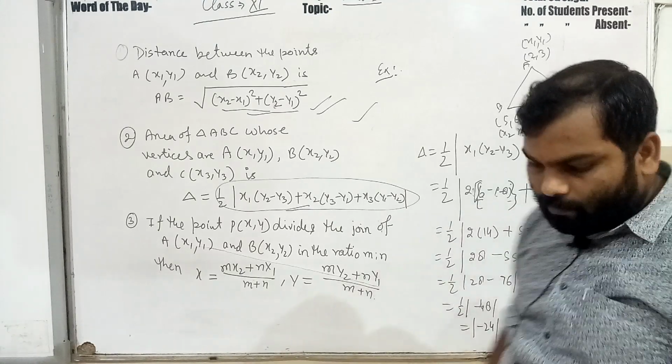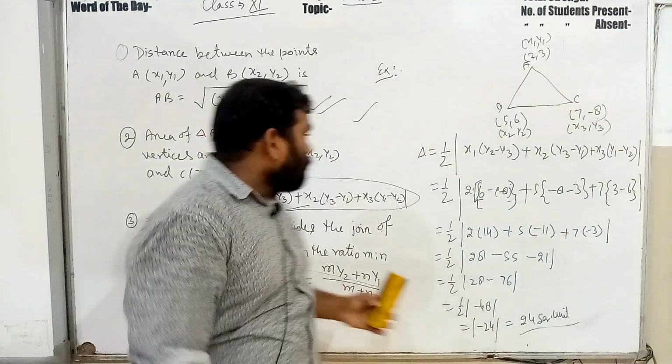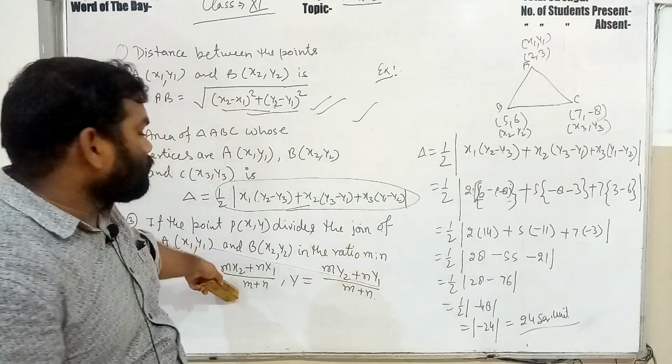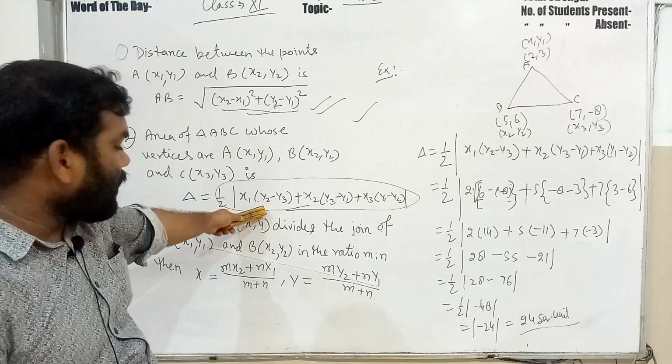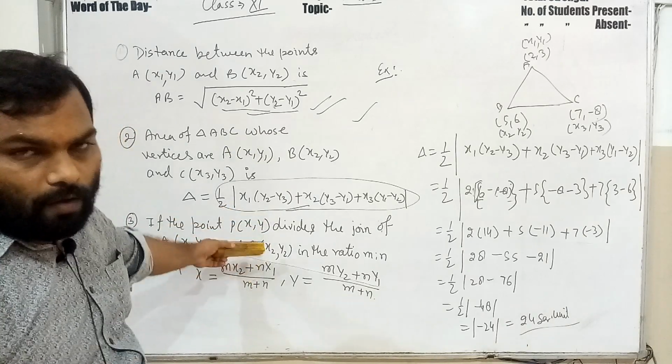Okay, so these formulas can be used to obtain different things like distance between two points, area, and then we can use it in the section formula.